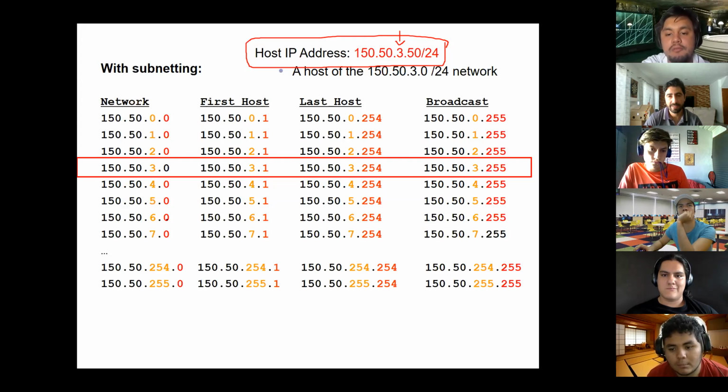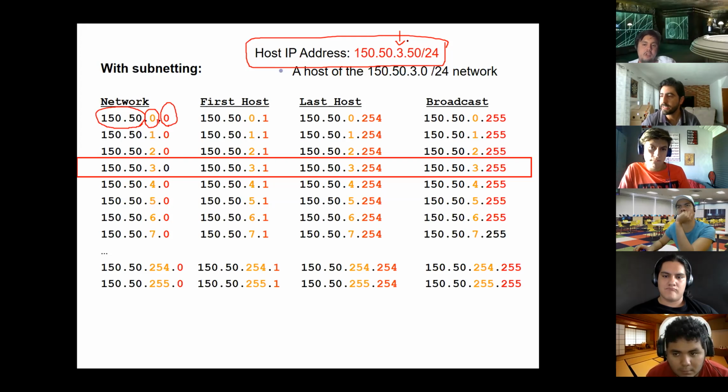This part was your original one network, now this is your subnet, and this part is your host. So this IP address belongs to this subnet, which has the IP range from 150.53.1 all the way to 254, and the broadcast address is this.